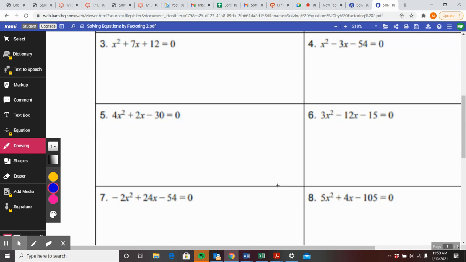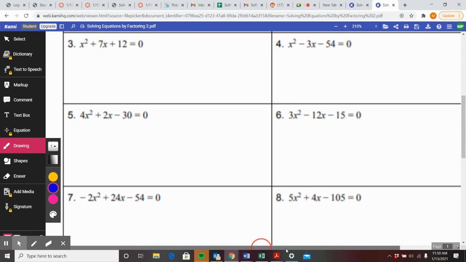Oh, let's look at 6 before you move on. 5 and 6 both have a greatest common factor. So does 7. 3, 12, and 15 are all factors of 3. So you're going to GCF a 3 out. So this is going to become x squared minus 4x minus 5.